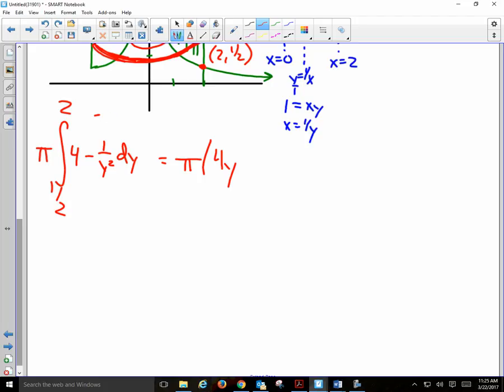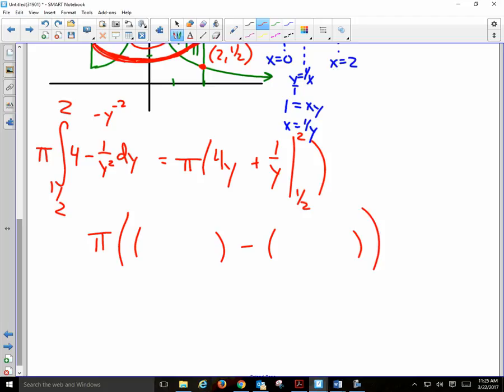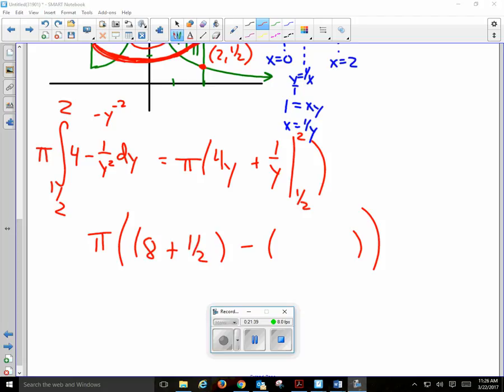If you look at it as negative y to the negative 2, and take the antiderivative, you get plus 1 over y. And evaluate that from 1/2 to 2. 4 times 2 is 8, plus 1/2. Finish when you get back. Go get some brain food.